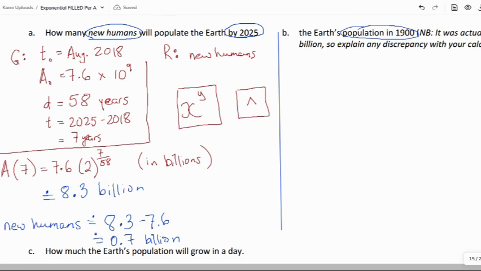Now we're asked to go backwards, folks. We're asked to find out what was the population in the year 1900. Don't worry about the nota bene for now. We'll get back there. Now we're still using the same model.